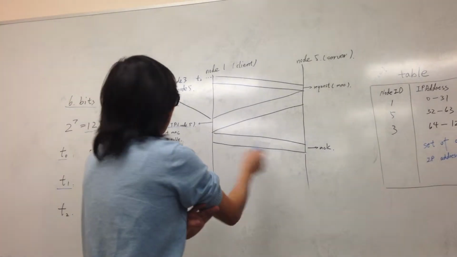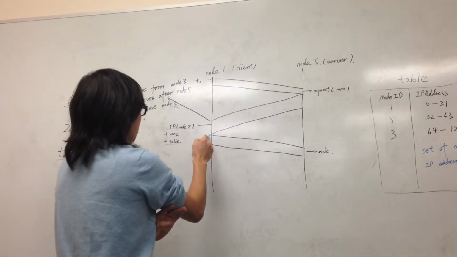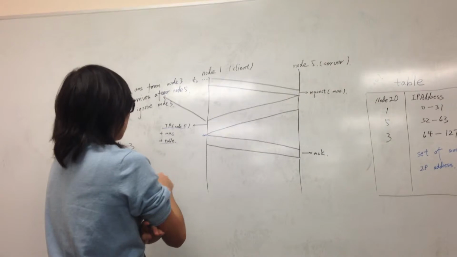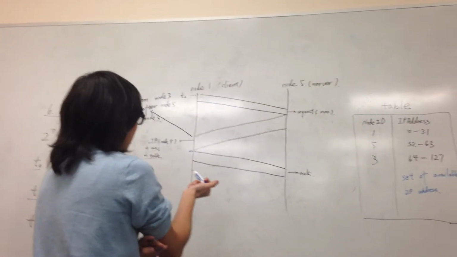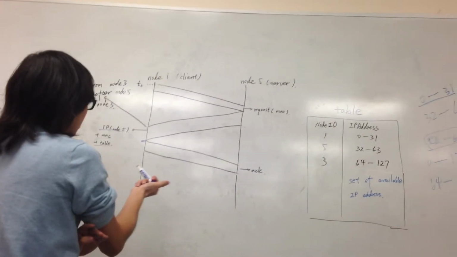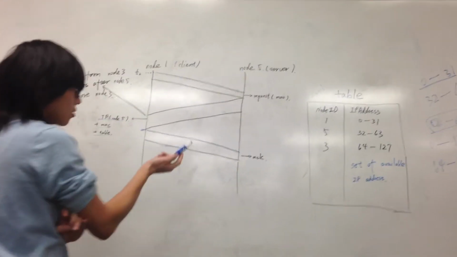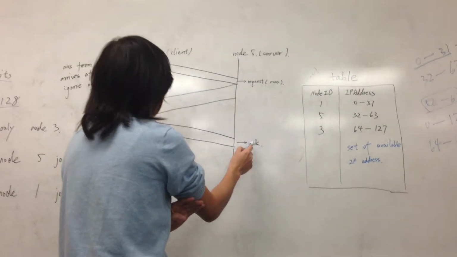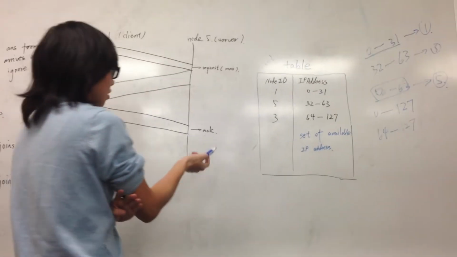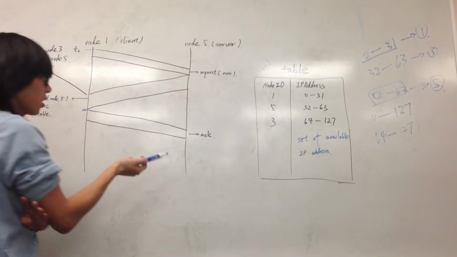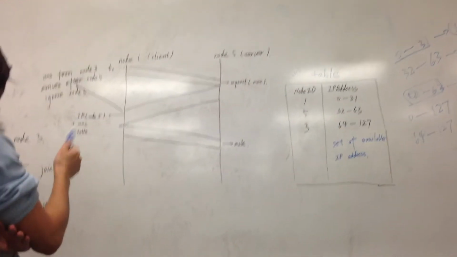At this point, node 1 receives its available IP address set and its own IP address, and it says okay, I got you, and sends the acknowledgement. Node 5 receives the acknowledgement, and it now knows the network has 3 members, which are 1, 3, 5.